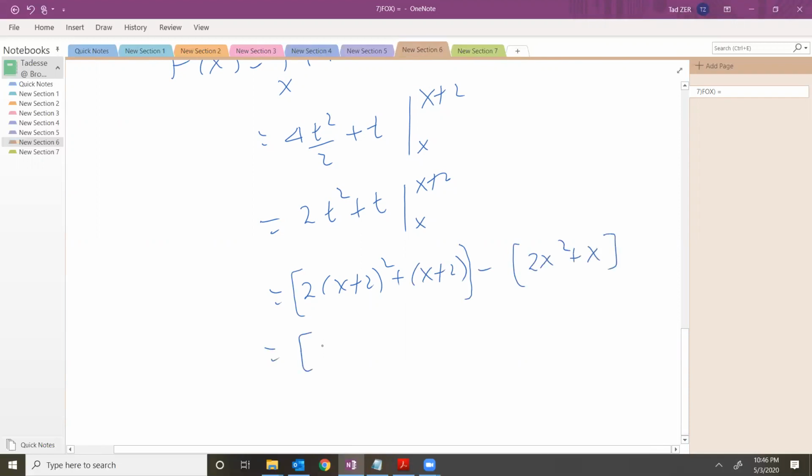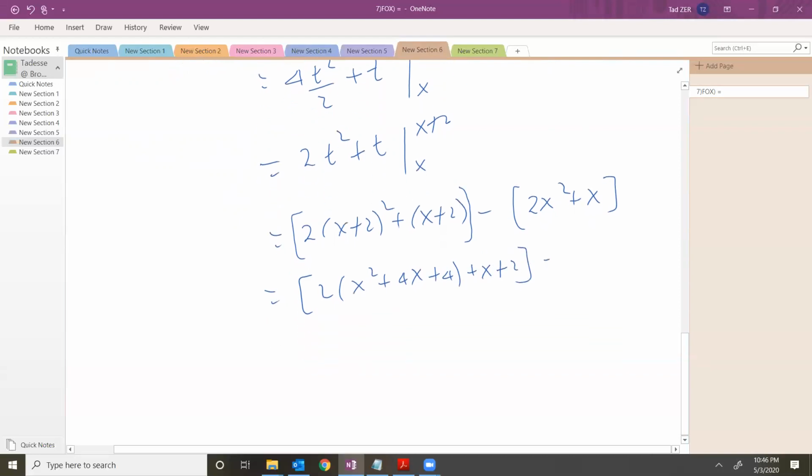Now, if you simplify that, (x plus 2) squared means x squared plus 4x plus 4, plus x plus 2. If you distribute the minus, it will be minus 2x squared minus x. So this is 2x squared plus 8x plus 8 plus x plus 2 minus 2x squared minus x.